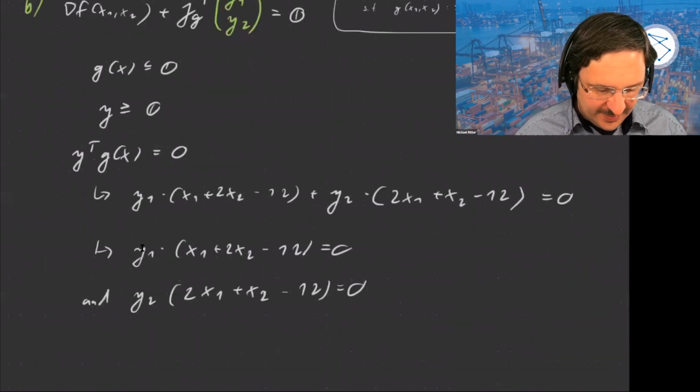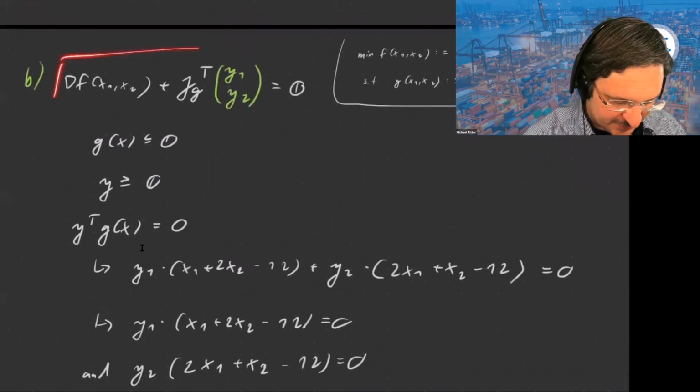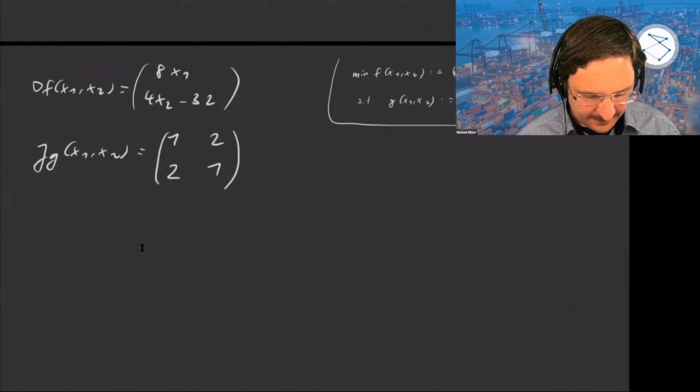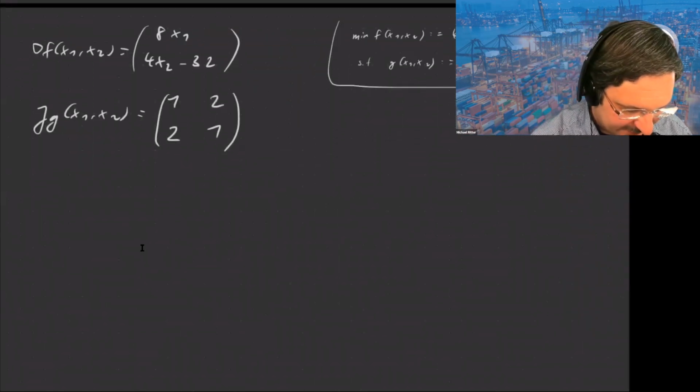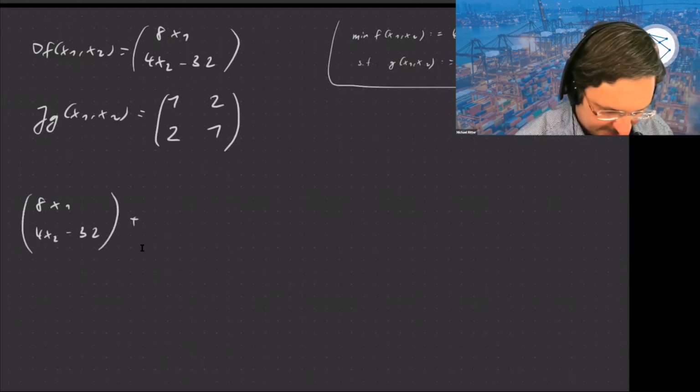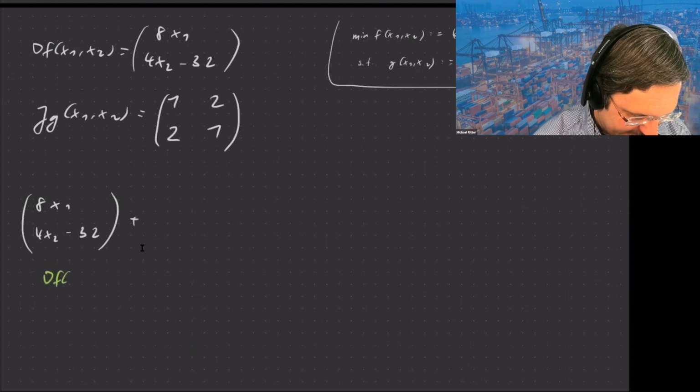Okay, so we can now write down this condition here, this first condition. What we get there is we have this gradient of f plus, so this is the gradient of f.